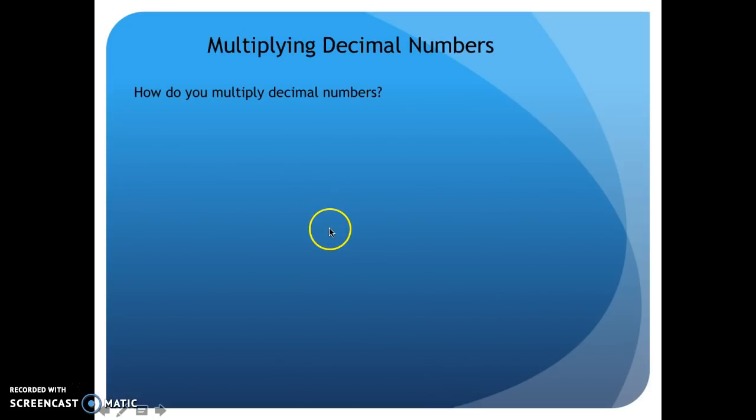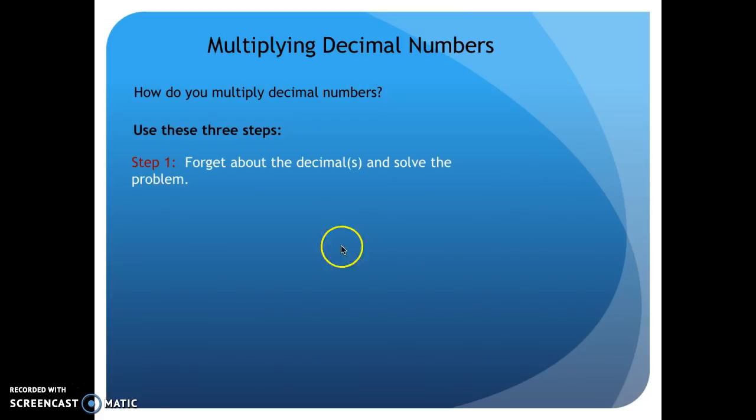So how do you multiply decimal numbers? There are 3 steps, and I'm going to ask you to pause the video in a minute and write these down, but let me tell you what all 3 of them are first. Step 1: the first thing you're going to do is just plain forget about the decimals.